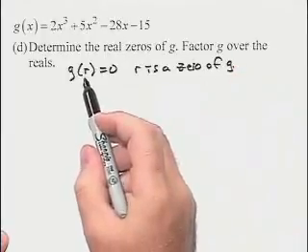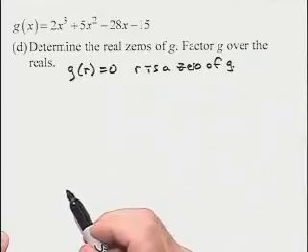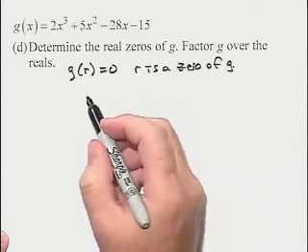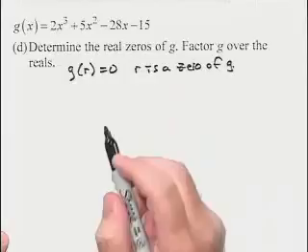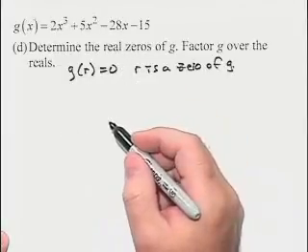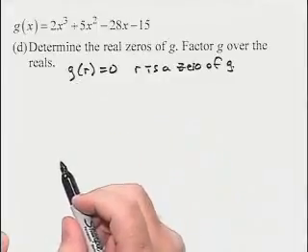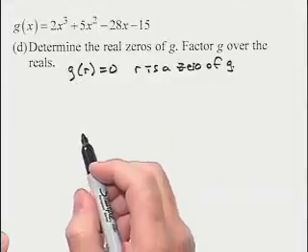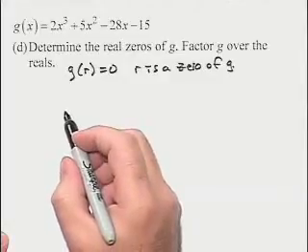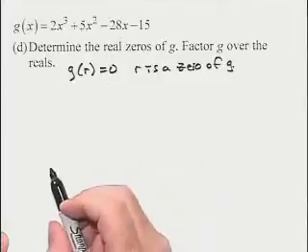So we're looking for values of r that will make our function equal to 0. If we get g of r equal to 0, we can use long division to reduce our polynomial and then start again on the reduced polynomial. We made in part C a list of potential rational zeros, so we can start with that list and look for some integers that might give us g equal to 0.